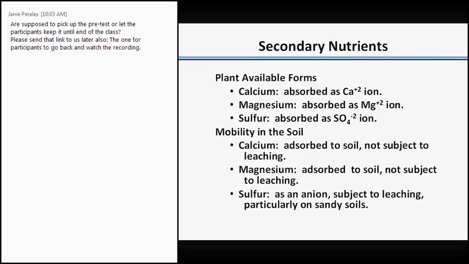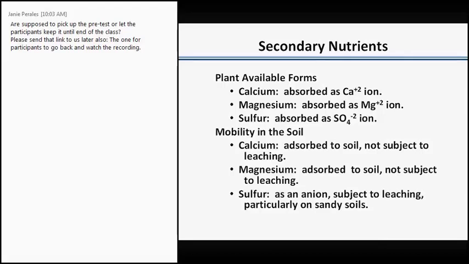Mobility in the soil: calcium is adsorbed to the soil surface on the exchange sites, so we don't get very much leaching with it. And again, because it is a +2 cation as compared to the +1 cation that we have for potassium, potassium is more susceptible to leaching than calcium or magnesium because of the charge.